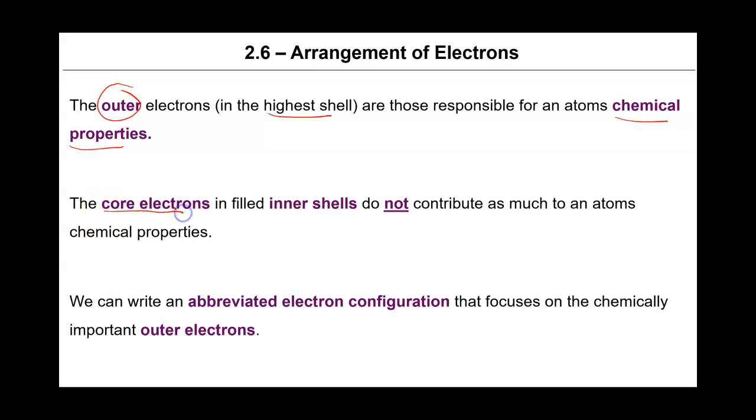The core electrons that are in the filled up inner shells don't contribute very much to an atom's chemical property because, well, those electrons don't really interact with the electrons on other atoms. So what we can do is we can write what's called the abbreviated electron configuration that focuses our attention on those chemically important outer electrons. And it's not that difficult a process to do.